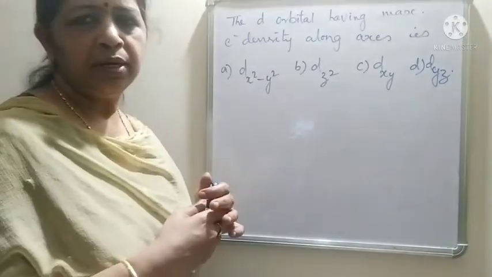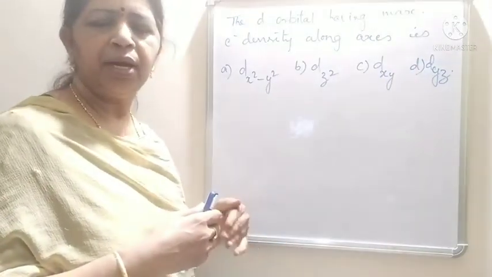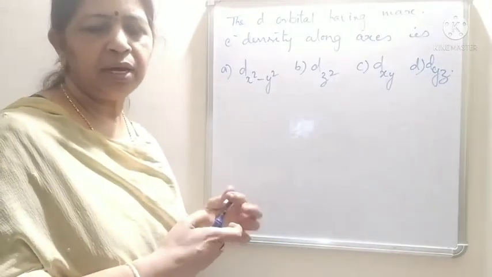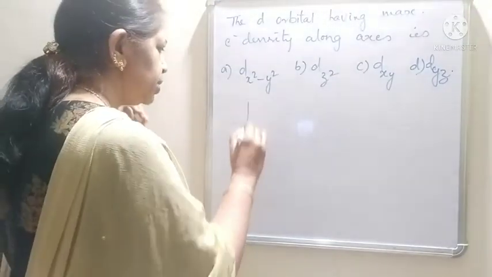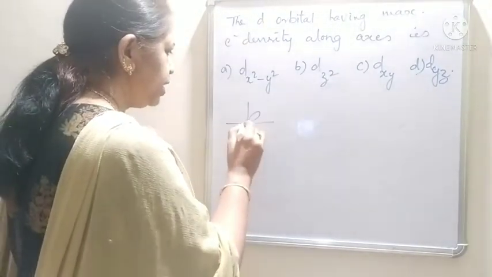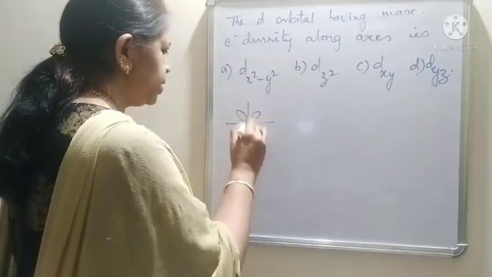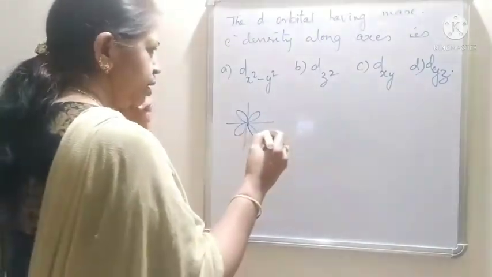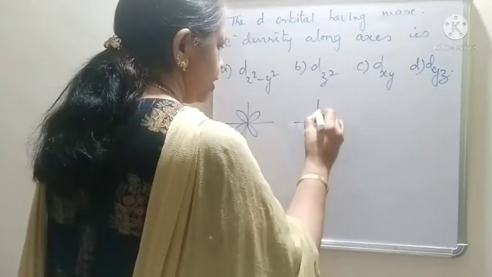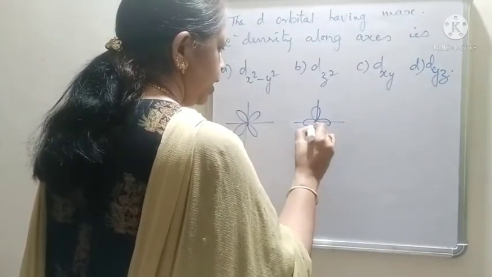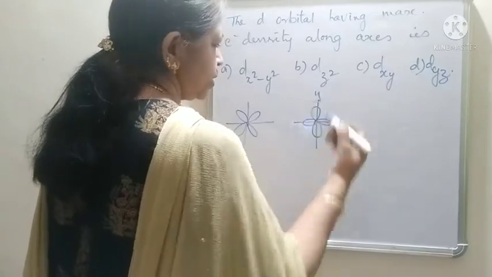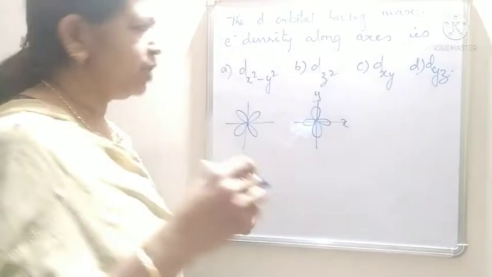We know that the dxy, dyz and dxz orbitals are oriented in between the axes. But dx square minus y square is along the axis. It is oriented along the x and y axes. And dz square is a diffused, dot-shaped one.